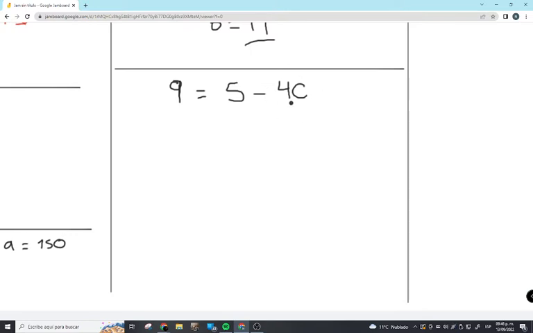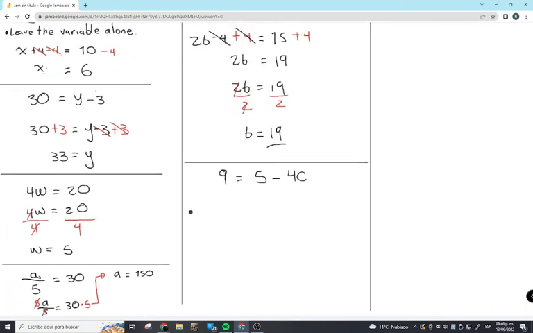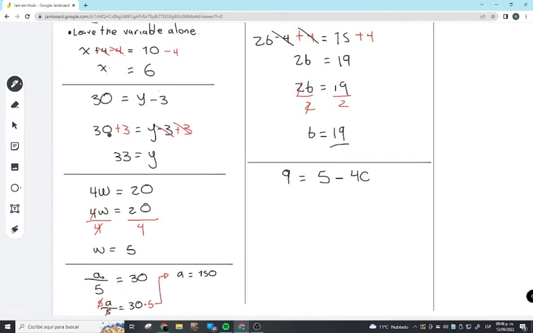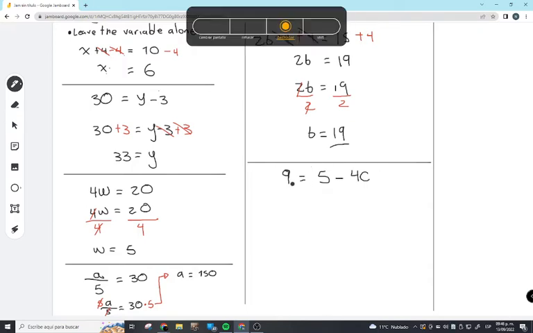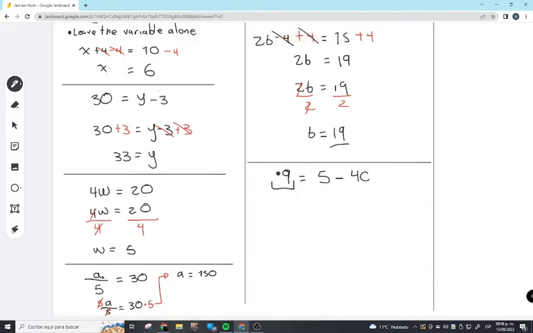Which one are we going to get rid of first? In this case, the 5, because remember, the closest to the c has to be the last one. Well, I want you to pay special attention to the signs of each term. By the way, each term is like each part of the equation. So this 9 is positive. There's nothing behind it, so it means it's positive.